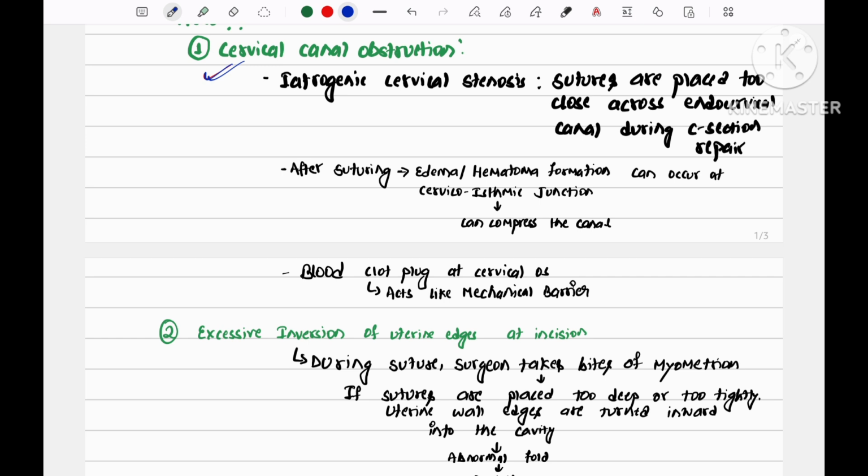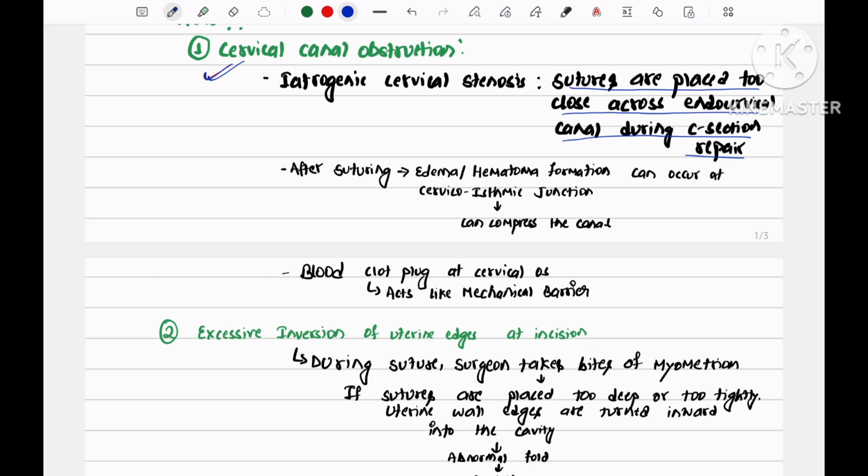While doing the C-section repair, we take a bite of endocervical tissue, and if the sutures are placed too close across the endocervical canal during C-section repair, then it can cause cervical stenosis. So it is due to the physician, the obstetrician. So it is the iatrogenic cause.